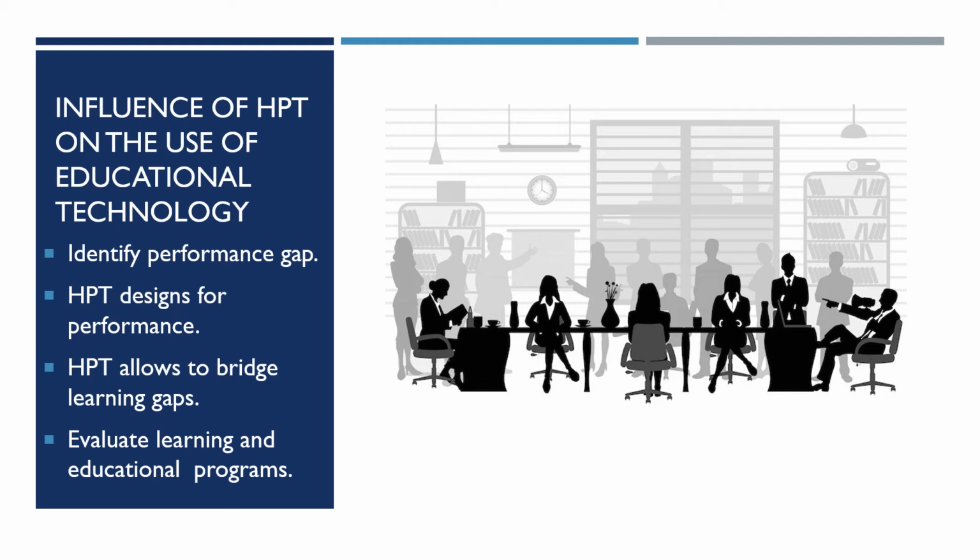Now, talking about how HPT influenced the use of educational technology, we can precisely talk about how it helps to identify performance gap, how HPT is applied to design for performance, and how it allows to bridge learning gaps, as well as its unique way of evaluating learning and educational programs.